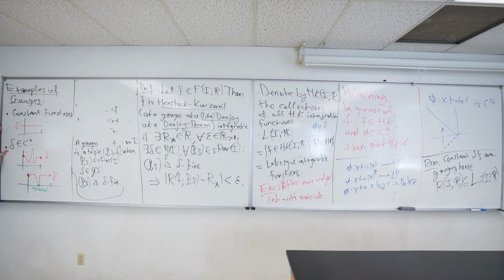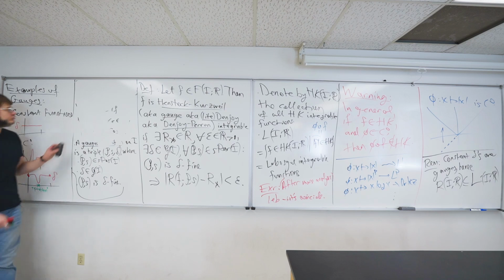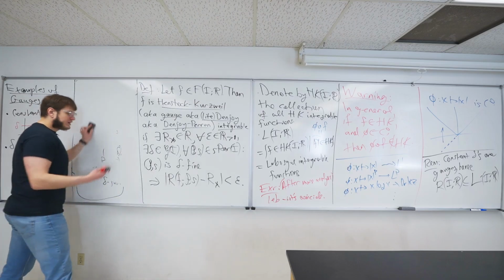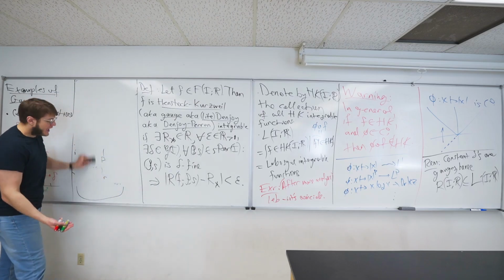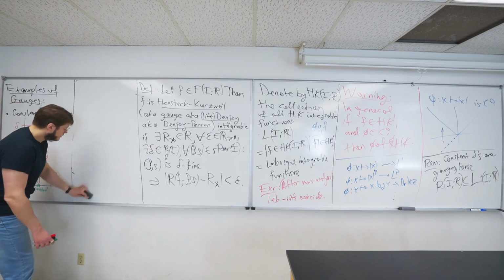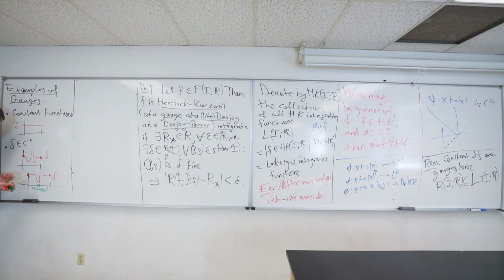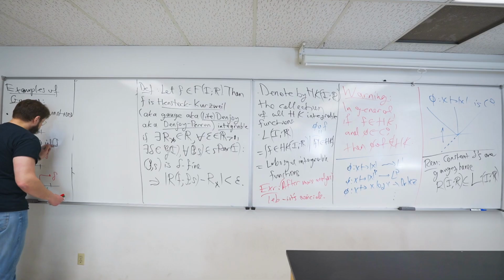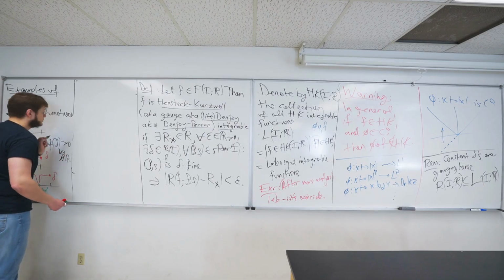But since for each x, delta of x is supposed to be positive, the inf of any such delta has to be positive also. So there's a bound as to how close you can get to 0 if you're using a continuous gauge. The inf of delta is positive by the maximum principle.